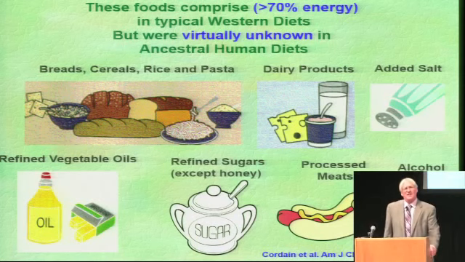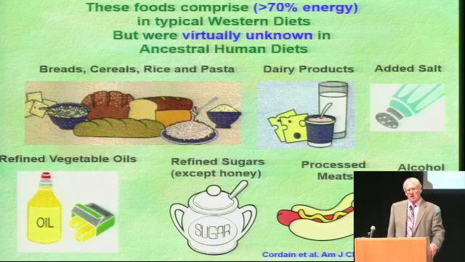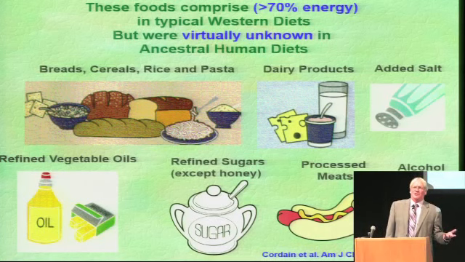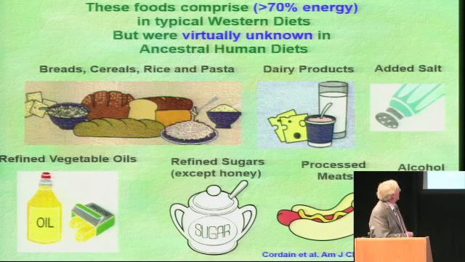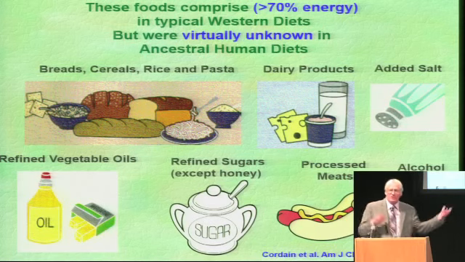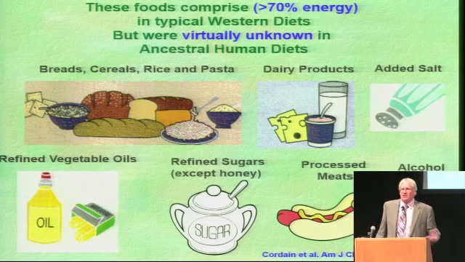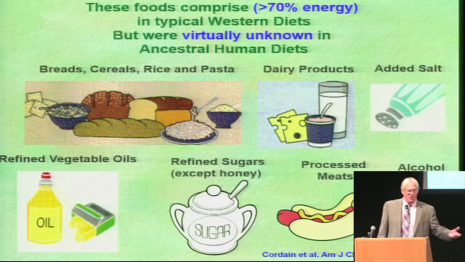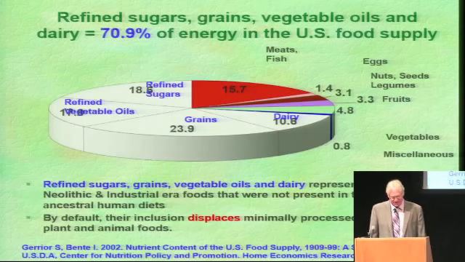One thing that's interesting, and I give interviews to the media and the press all the time, is that the average person on the street is unaware that we eat the same four things every day, day in and day out. 70% of our calories comes from refined vegetable oils, cereal grains, refined sugars, and dairy products. If you eliminate those, then what's left? I'll show you in a minute. Every single day of the life of the average American, they eat those foods in processed forms in one way or another.